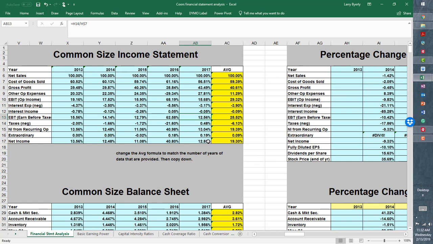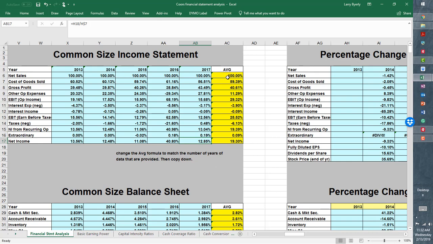And of course, in the end, we see that their net income is 12.85 cents. So of every dollar that comes in, 12.85 cents is left over that can be used to pay dividends, can be used to increase investment, etc.